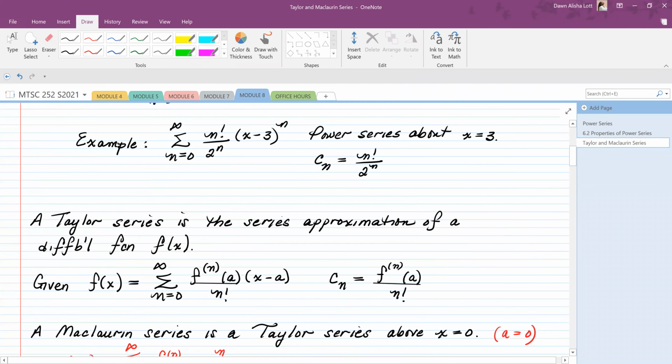We also had the cosine, sum m equals 0 to infinity minus 1 to the m x to the 2m over 2m factorial.